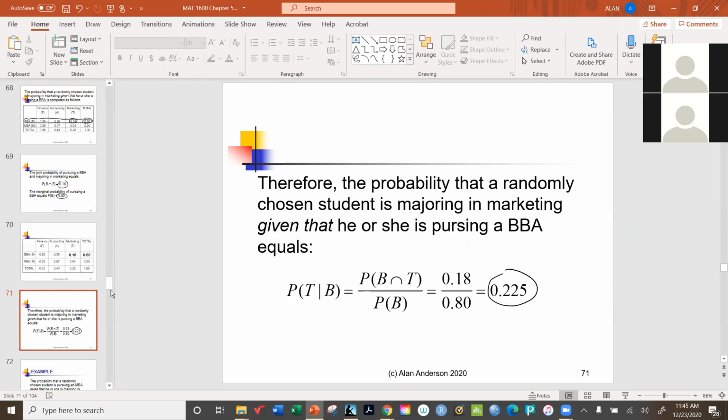And if you notice, we've introduced some important new notation here. This little bar here represents, or in English, is "given that."